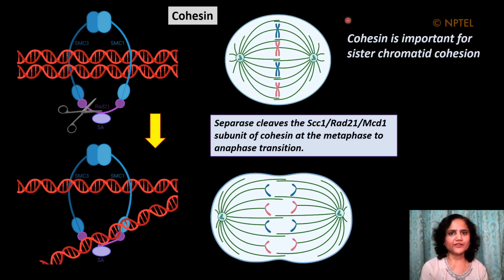This results in the dissolution of sister chromatid cohesion, and in anaphase the two sister chromatids can move apart. They were already attached to microtubules coming from opposite poles, so they move towards the poles, and thus chromosome segregation happens.